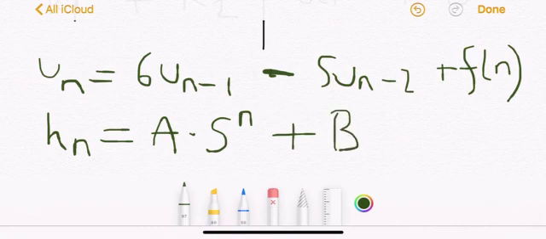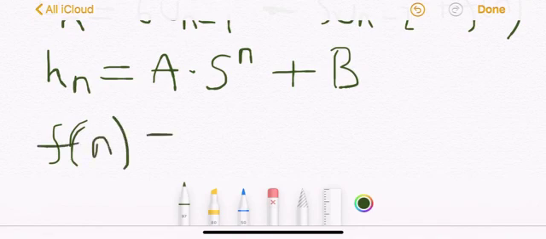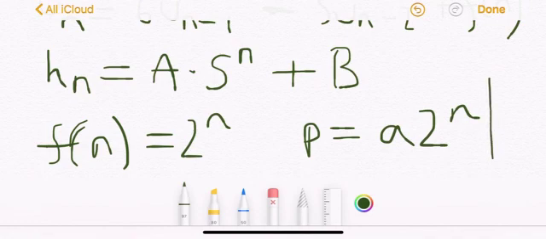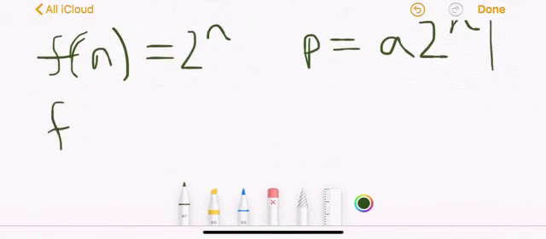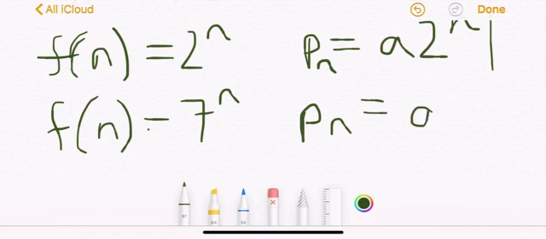So if our function f of n was 2^n, then the particular solution we consider would be a 2^n. And similarly, if f of n were, say, 7^n, then we'd consider P_n to be a 7^n.